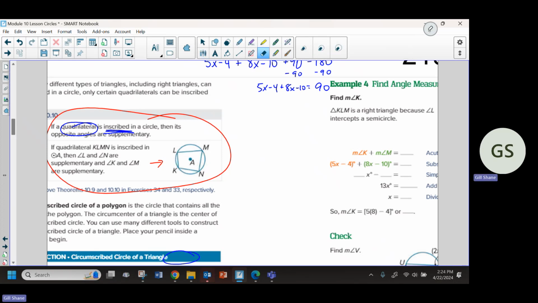So you can see there's the quadrilateral. It is inscribed, meaning all of these are inscribed angles. It said that opposite angles, so M plus K, have to add up to 180 degrees, or L plus N have to add up to 180 degrees.